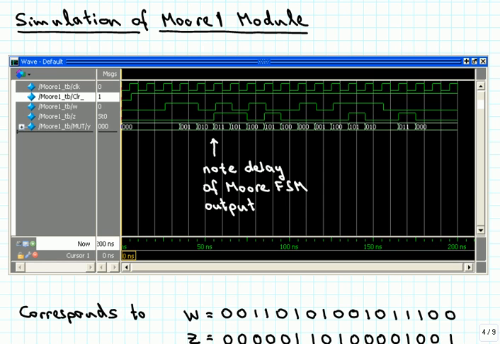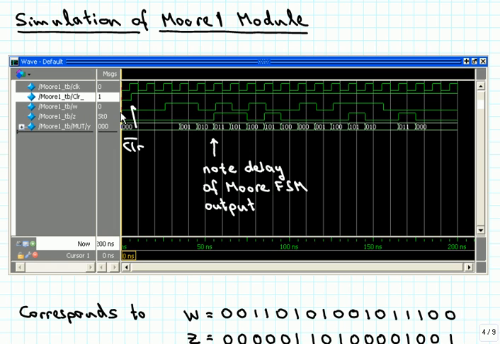Here is what the simulation of this module looks like. So we made a test bench which makes a clock. It makes a clear at the very beginning here. So the clear ends at this point in time here. And then after that, we're reading in whatever W is.